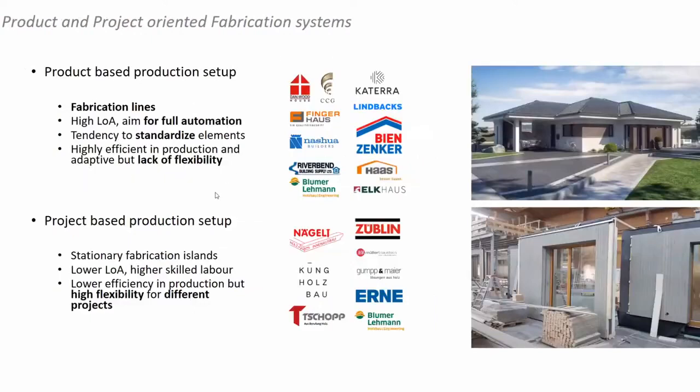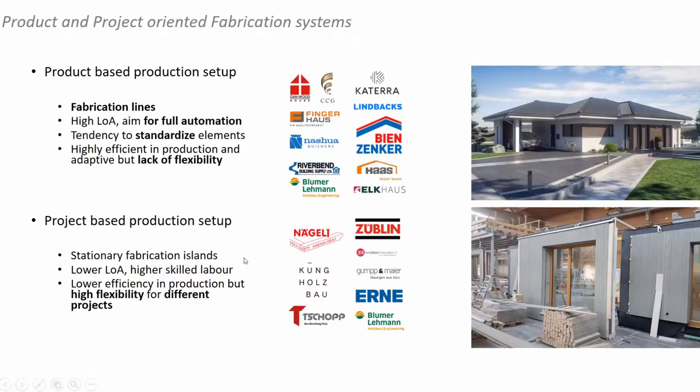So concluding, the product-based production setup is fabrication lines. It has a high level of automation, even with the aim for full automation. It has a tendency to standardize elements, and works highly efficiently in production, and it is adaptive, but it has a bit of a lack of flexibility.